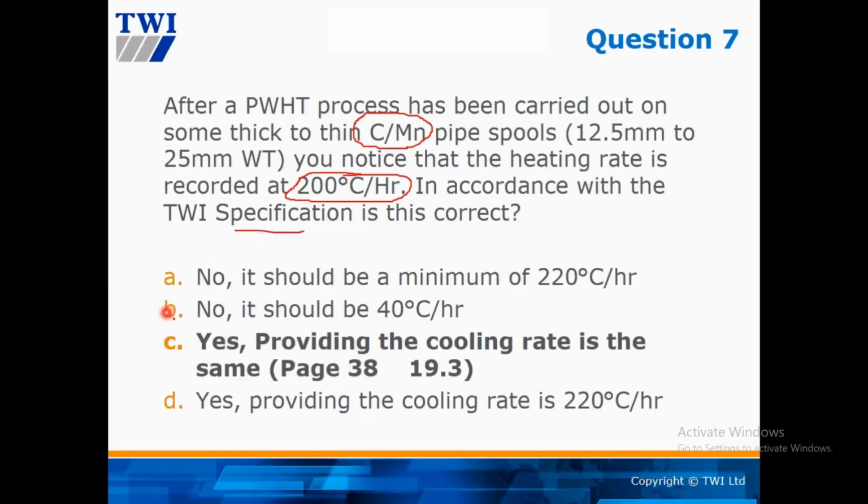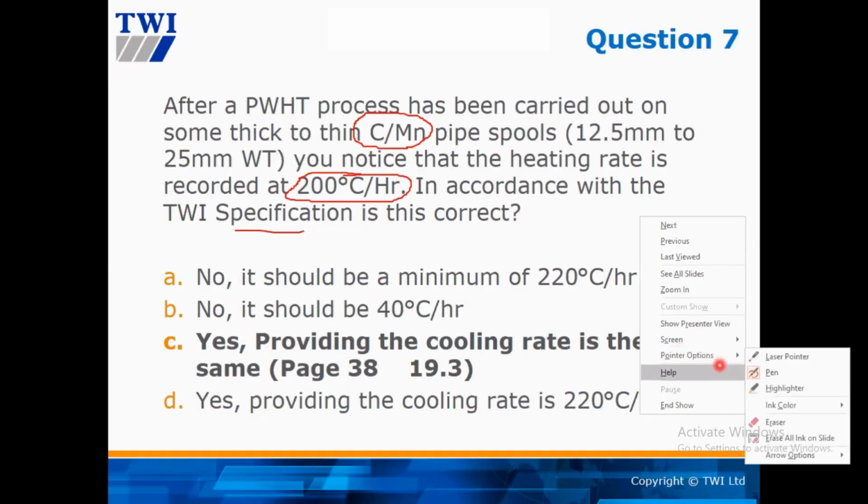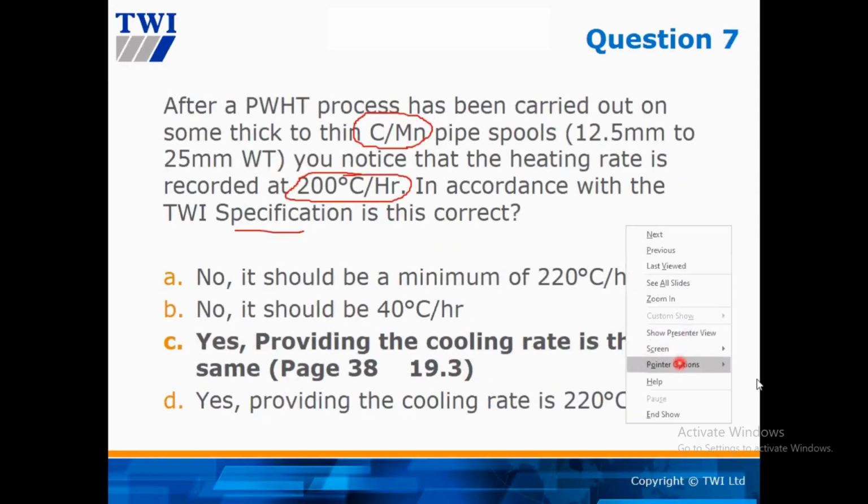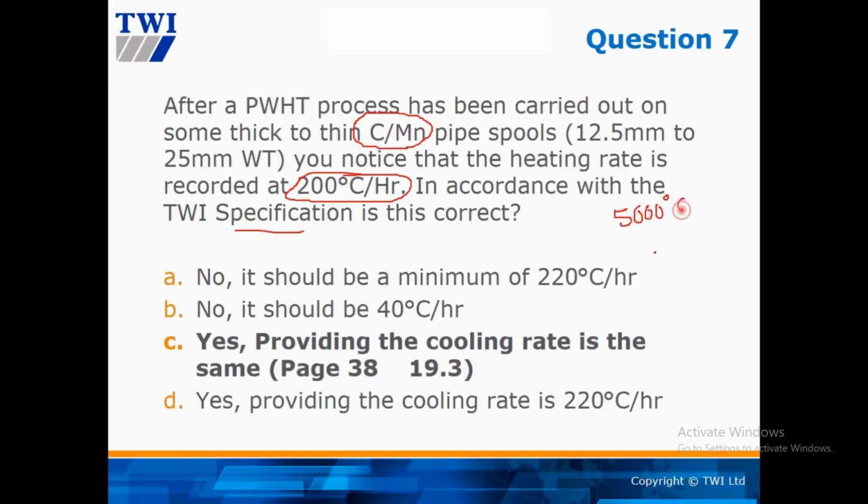Okay. So we understand that 200° C per hour here, when we have 5,000, example, we're using thickness 25 mm. They said here 5,000 degrees C divided by thickness 25 mm.